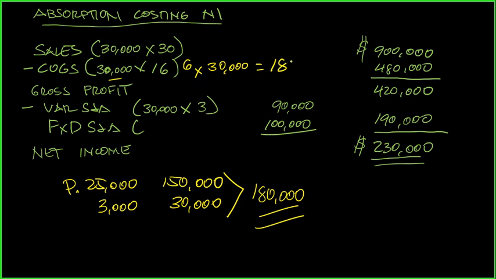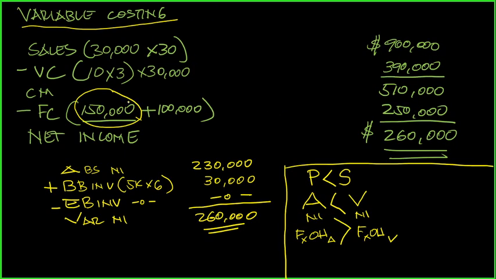This is 180. So, for year 2, we deducted 180 under absorption costing, but for variable costing, we only deducted 150. Let's write that down. Under absorption costing, you deducted 180, that's 150 plus 30. And for variable costing, we deducted 150 only.